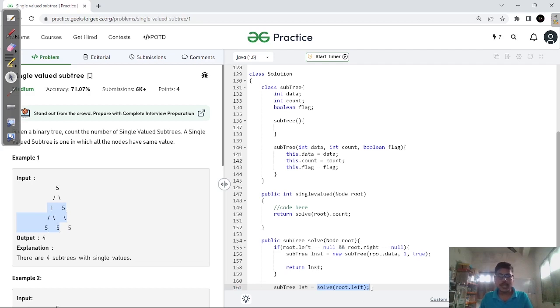So I am keeping faith that this function will return me these three things.